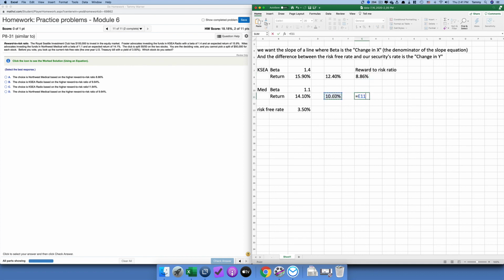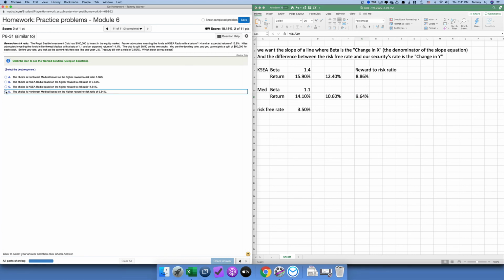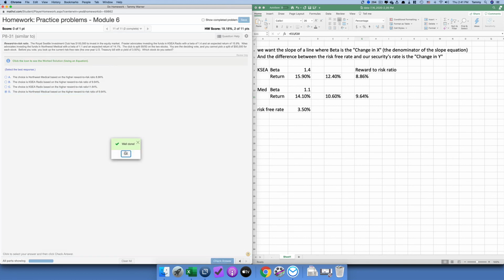Here's our reward, and here's our risk. 9.64. And sure enough, let's make sure we get it. The choice is Northwest Medical with a higher reward to risk ratio of 9.64. So that's going to be it. We'll check it. And it is right.